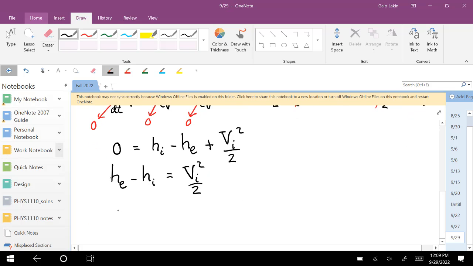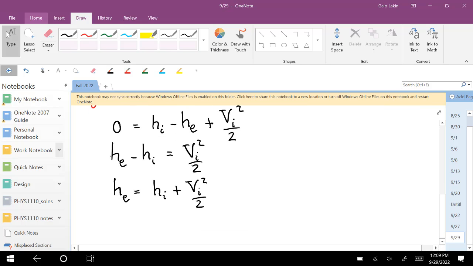Okay, so I'm going to rearrange this. He is equal to hi plus Vi squared over 2. And now that's all stuff we can calculate.